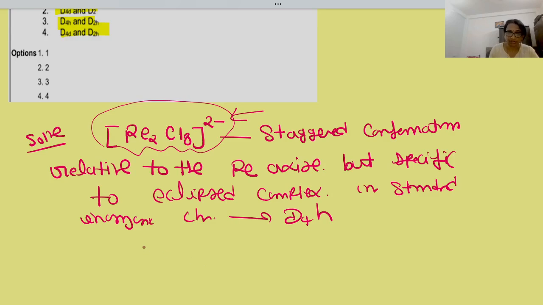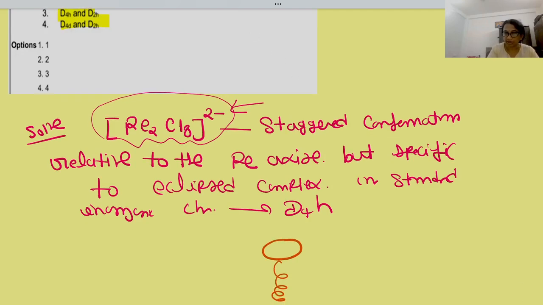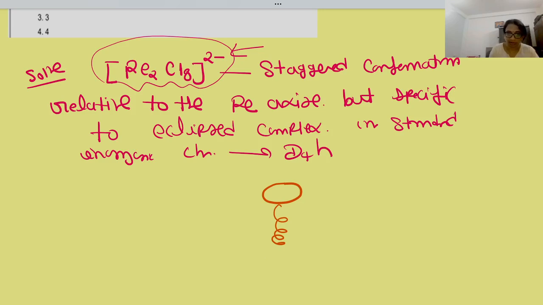Suppose we draw a 3D structure of this bonding. There are two atoms of rhenium, in a 3D structure like that, and the second rhenium is arranged below, perpendicular on the axis, with attachment of four chlorines.